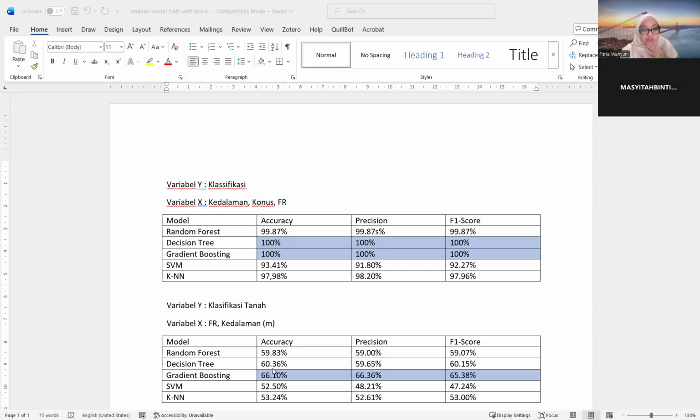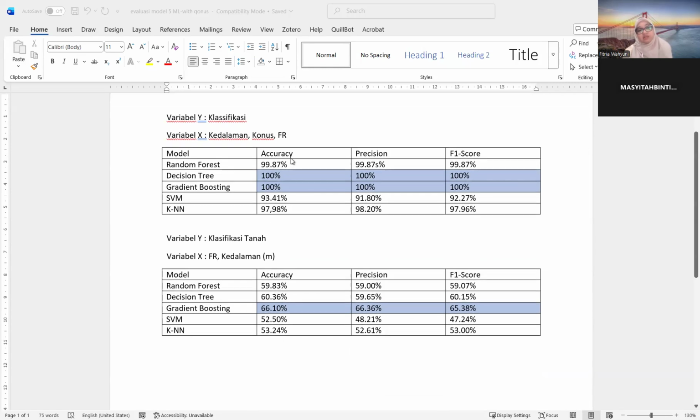Let me share it with you. This is a little far from the previous result, but I think this is more reasonable than that one.